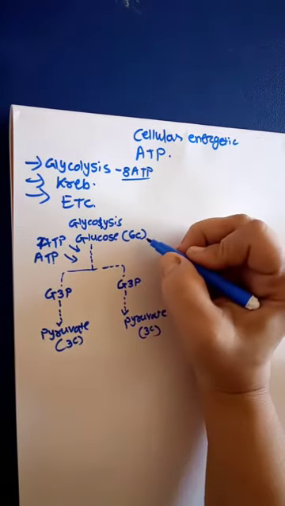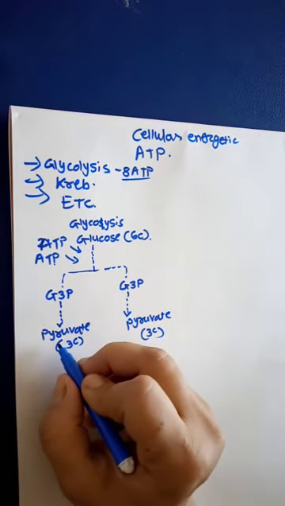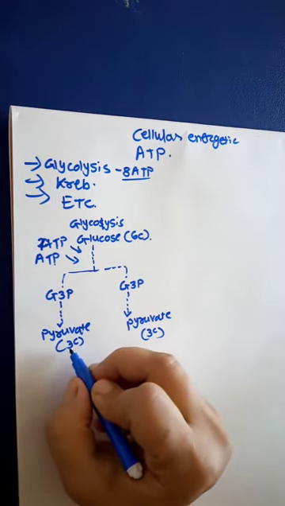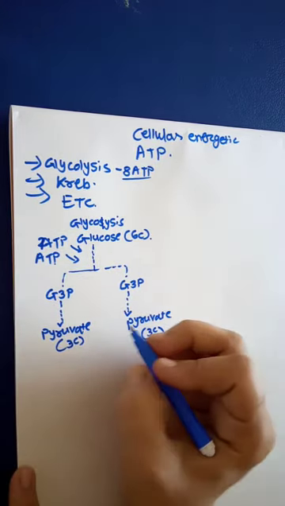So initially from glucose, a 6 carbon compound, the end product of glycolysis is pyruvate, a 3 carbon compound. We get two molecules of the 3 carbon compound pyruvate.